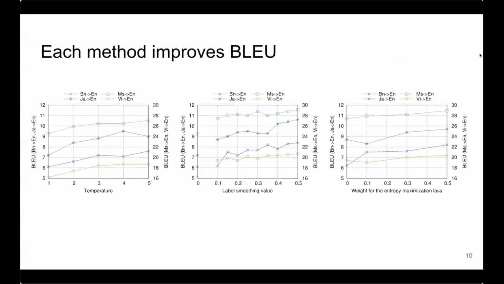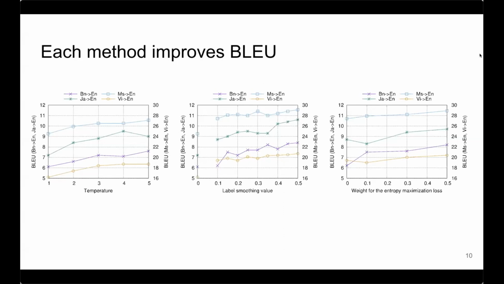Firstly, let's look at the results of what happens when each method is used independently of the other. The first figure shows what happens when we increase the temperature, keeping label smoothing and no softmax entropy maximization. As you can see, increasing the temperature has a positive impact. On the other hand, when the default temperature of 1 is used, but the label smoothing value increases from 0 to 0.5, once again, we can see that translation quality improves.